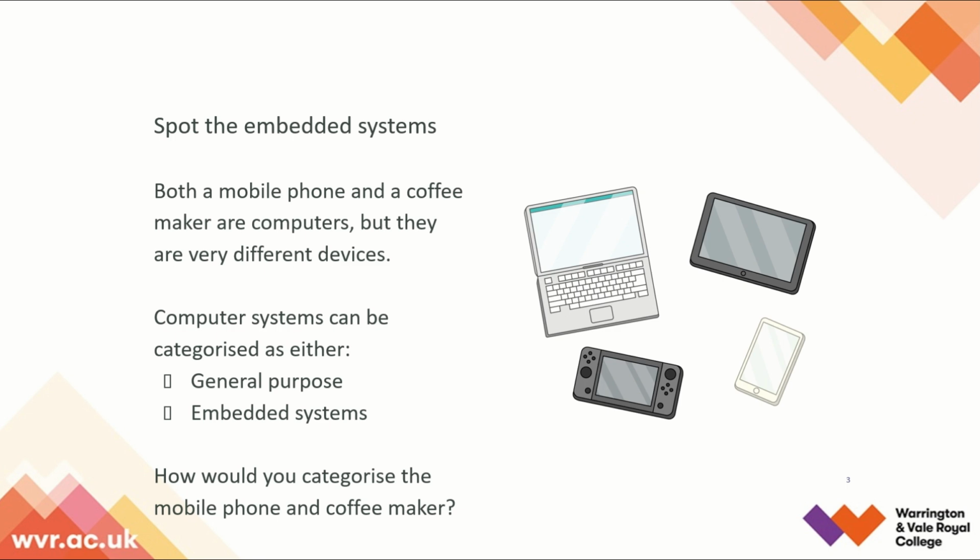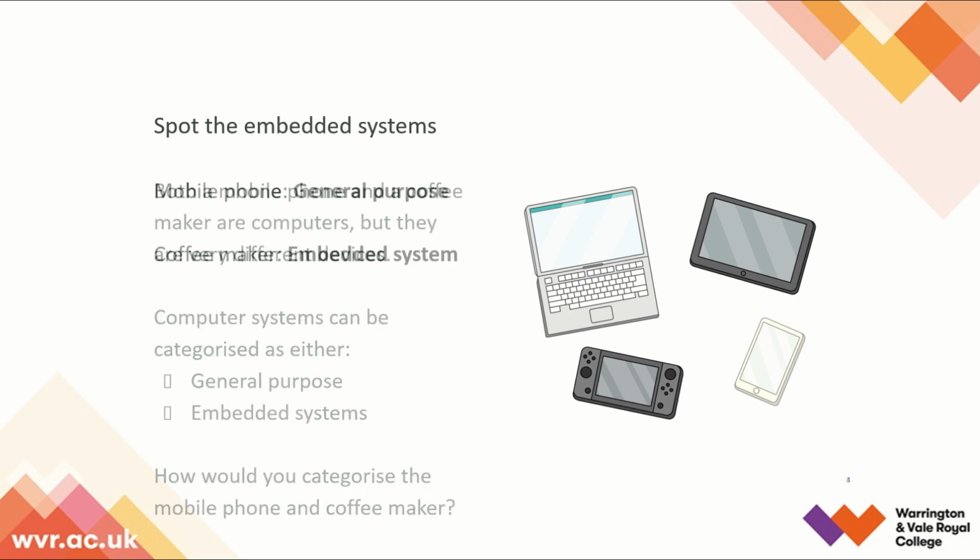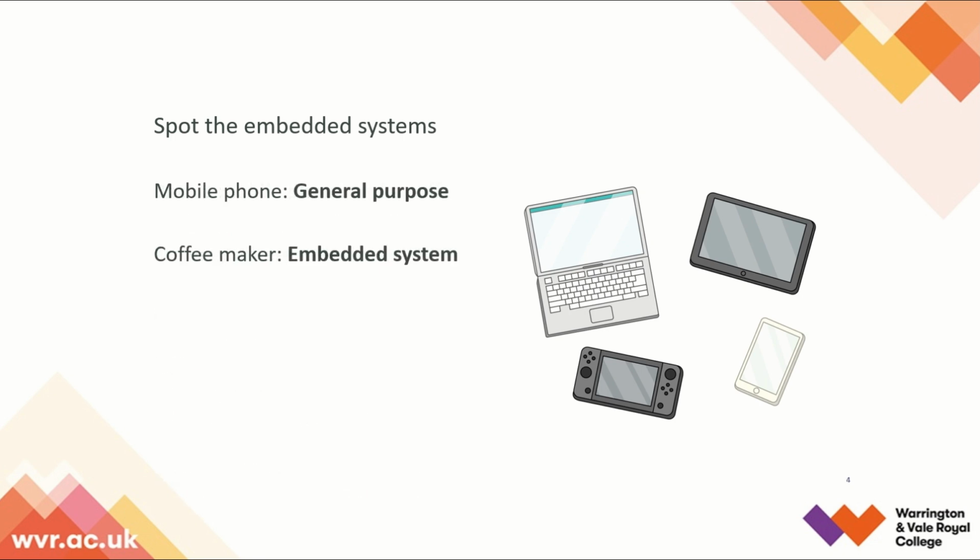But you also have quite a lot of embedded devices, a lot of embedded systems, computers in them. So, for example here, a mobile phone is a general purpose device, whereas a coffee maker may have a computer built into it which performs a simple feature.